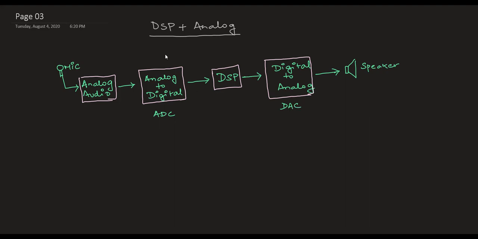And then after I process it, I'm sending it to a speaker to be broadcast. So I convert it back to analog because your speaker is again an analog device.